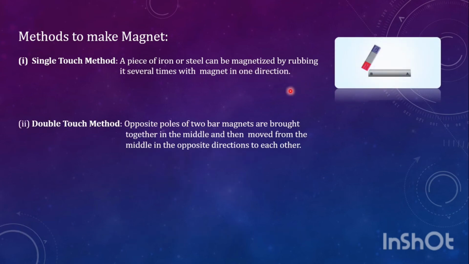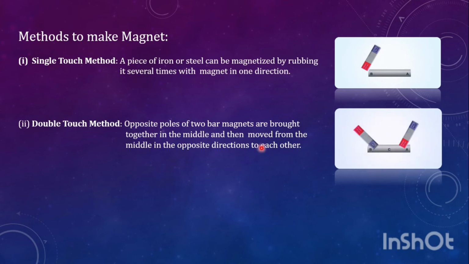The other method is the double touch method, in which you use two opposite poles or two bar magnets and keep rubbing to magnetize the material. You can only magnetize materials that get attracted towards a magnet. It is essential. You can't rub wood to make a magnet because it is a non-magnetic material.